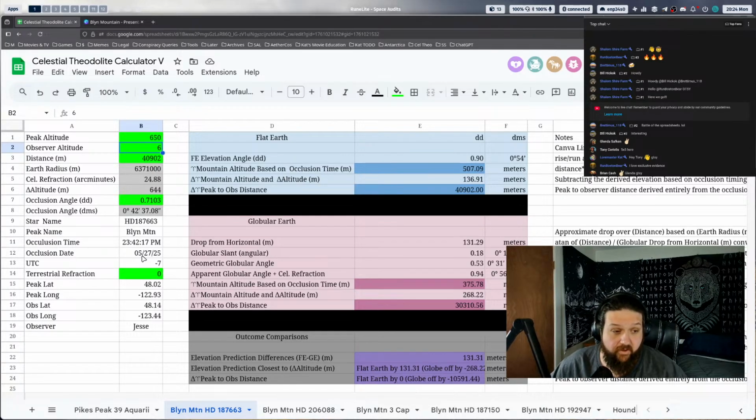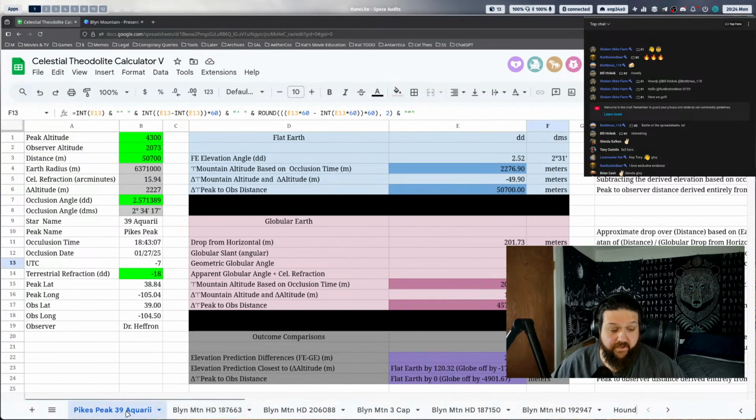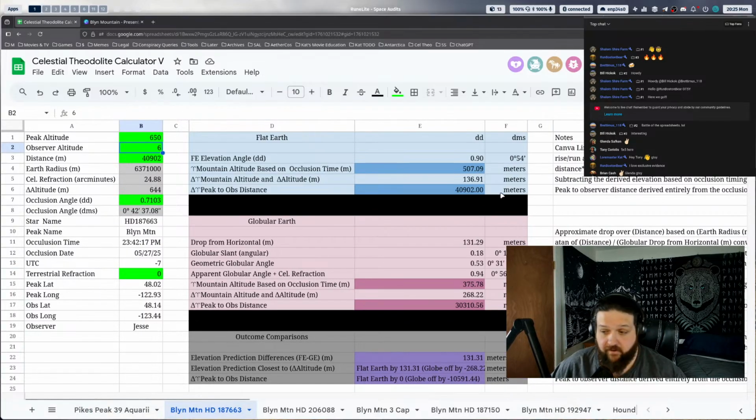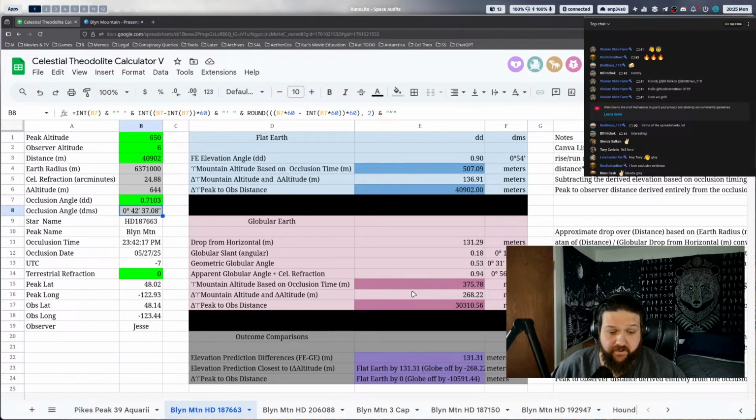So I'm using all of his custom elevations and I don't dispute any of the adjustments that he made. Totally fine. So just following the same process, right? We're consistent here. Everything we went over in this spreadsheet for the values, how things can be derived. We're now going to make the next analysis on Blinn Mountain off of the same values based off of the occlusion timings.